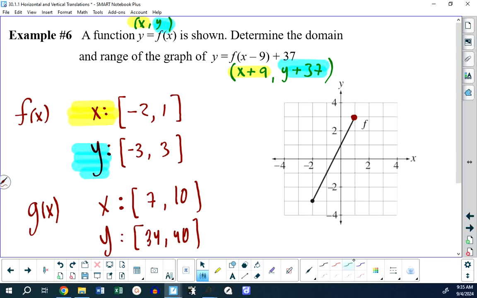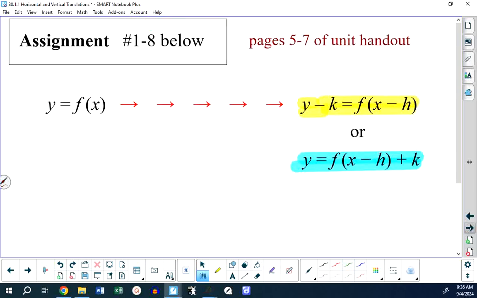Good? Okay. That's it. We're done. I hope that made sense to you. Really, the bottom line is you're talking about going from y equals f of x to y equals f of x minus h plus k. If you choose to call this y equals g of x or p of x or r of x, feel free.